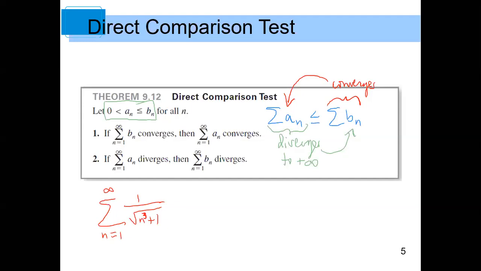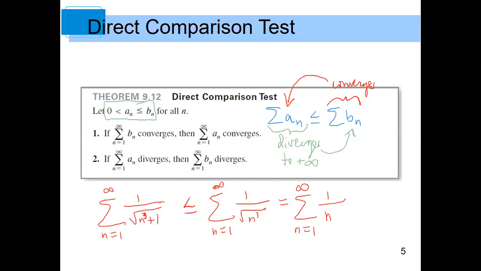No, it wouldn't be wrong because look, adding 1 inside of the square root actually decreases these terms. That makes sense? So this thing is less than or equal to the sum n going from 1 to infinity of 1 over the square root of n cubed, which by the way is just the same as the sum n going from 1 to infinity of 1 over n to the 3/2, just like you were saying, Jared, right?